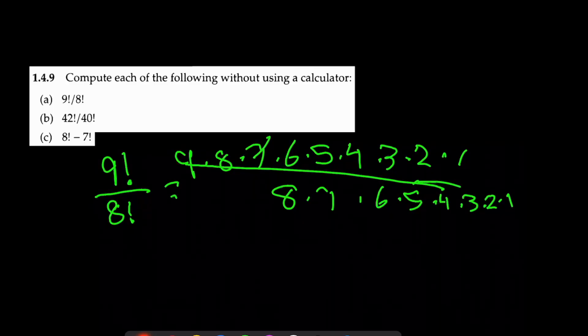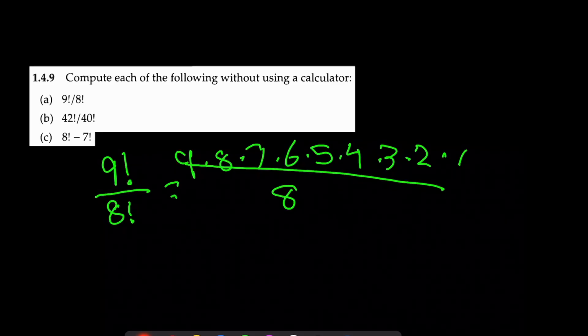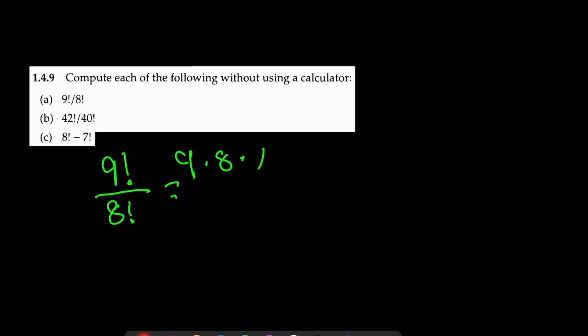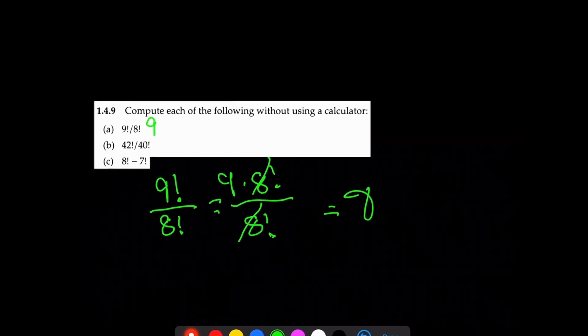And we might see that basically all of this cancels out, and you're just left with 9. Let's try simplifying this, because that was a lot of writing. If there was a faster way to do it, you would really want to do that. You might notice that the second part was just 8 factorial. So we got 9 times 8 factorial, which is 9 factorial, over 8 factorial. And now these two would just cancel out to leave 9. So our answer to A is 9.